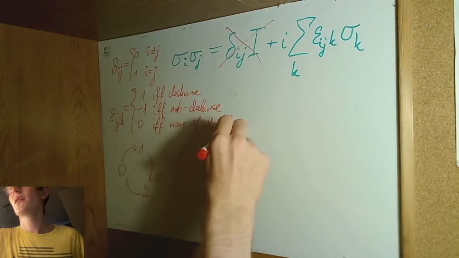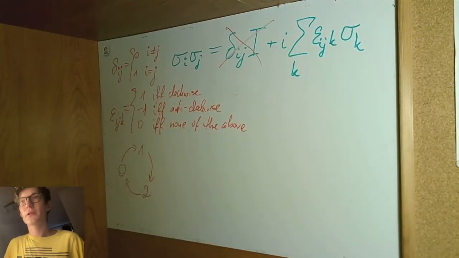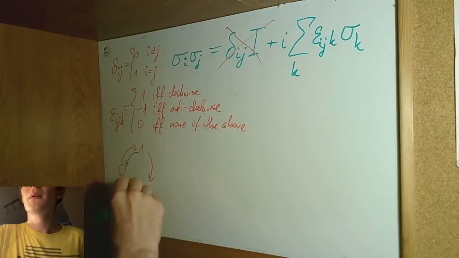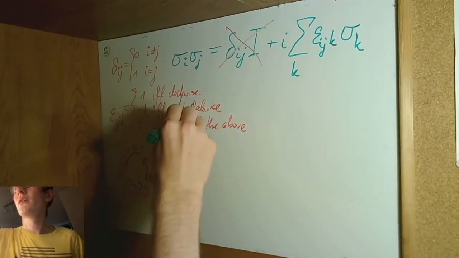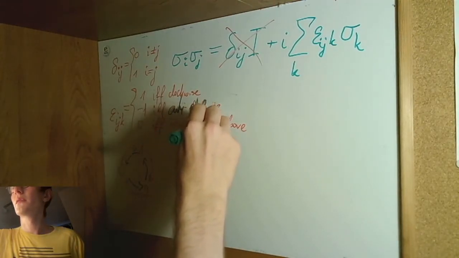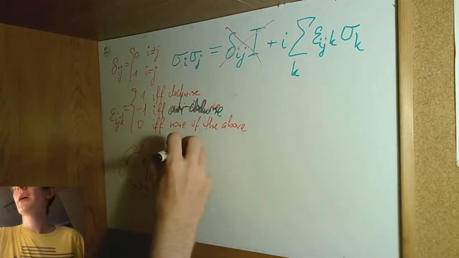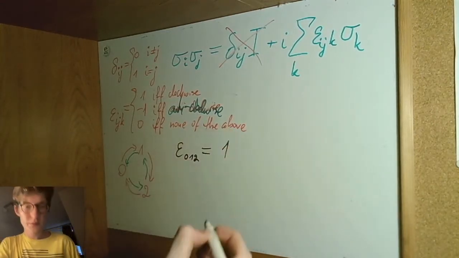So in other cases, if we have, for example, 0, 1, 2, then the symbol is 1, right?